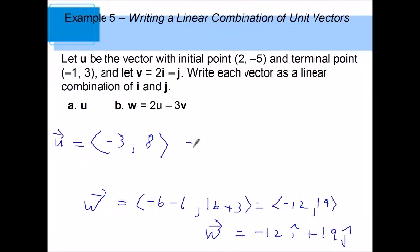To write this in the i hat and j hat frame, I read this as negative 3 i hat plus 8 j hat. These two forms are equivalent, just different ways to write it.